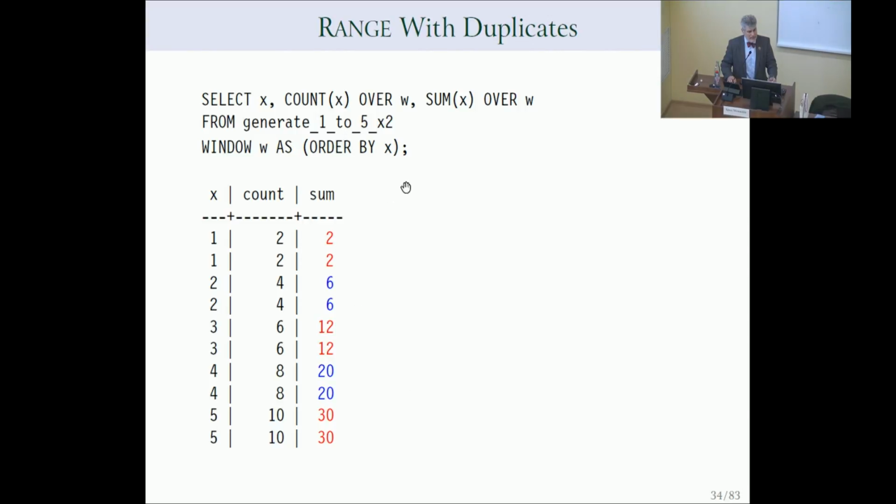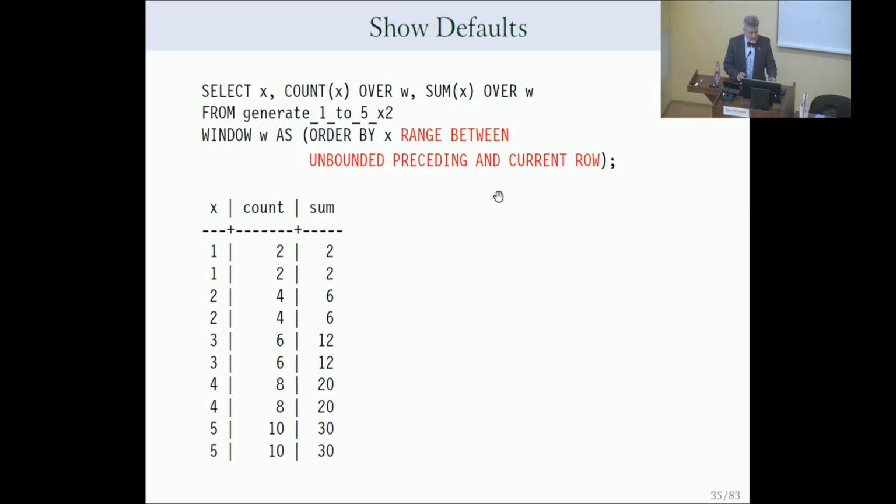Okay? So in this case, current row, which effectively is that, right? This is my default. It's saying beginning of the partition to the current row, but the current row is not the current row. We're in range mode, so it's the last row that has an equal X value because I'm ordering by X. Okay. What's really interesting is if I change range to rows, that's range, that's rows, I get what I would expect.